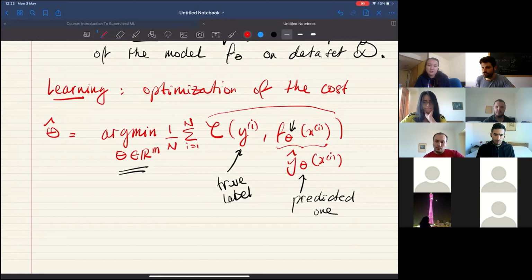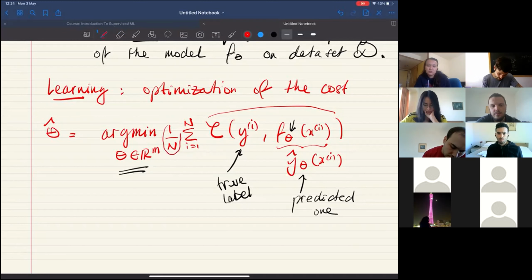If you take the average or not, it's just that if you don't take the average, this will be a bigger number, but still you are looking for the minimum. So this 1 over n here, which means taking the average or just summing, does not change the value of the minimizer, right? Because when we train the model, the N is fixed. The N is fixed, yes.